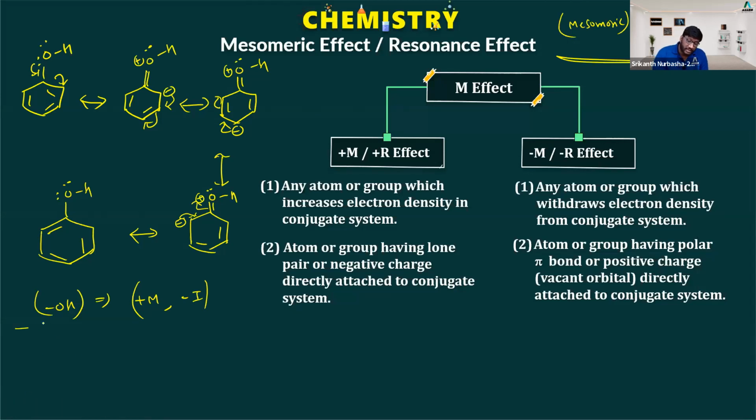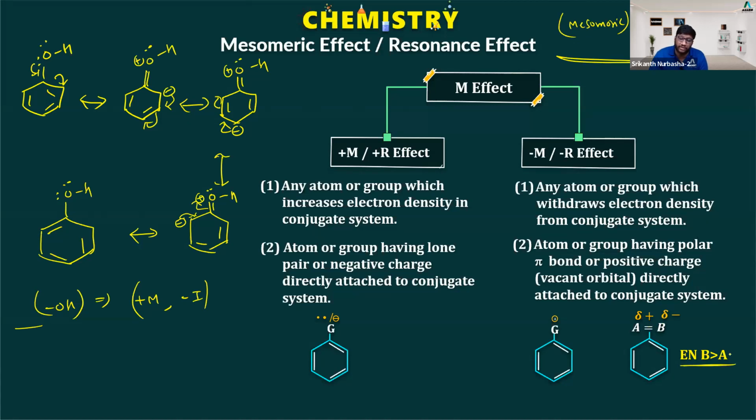And if you try to write the resonating structures in the second case, minus M or minus R, in that case you should have a group G with a positive charge, like benzyl carbocation, or A double bond B, where A and B have an electronegativity difference, stating B is more electronegative when compared to A. Like benzaldehyde you can take.